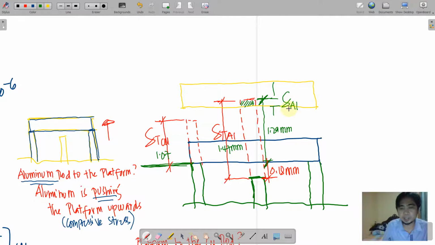Now, this time, there is no subscript T because this is no longer caused by temperature, but it is caused by a push by the aluminum. That is why this is a deformation due to axial loading between the platform and the rod.